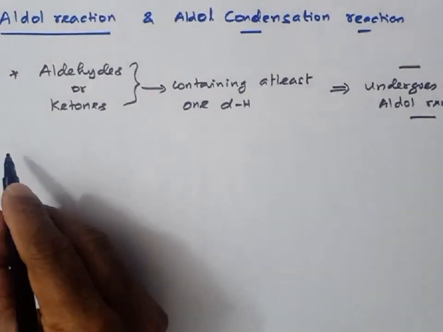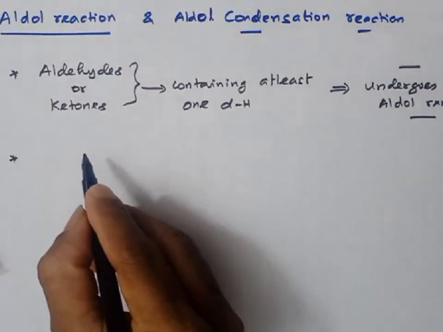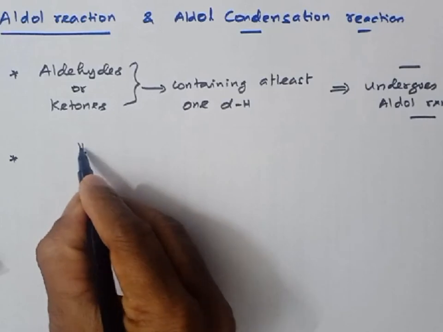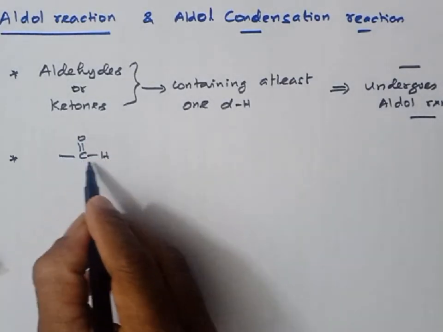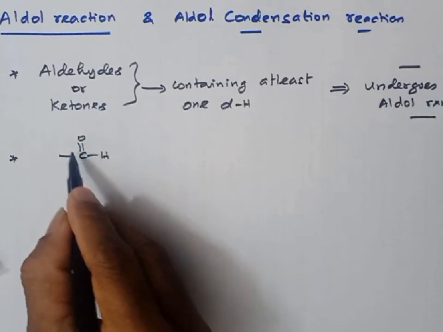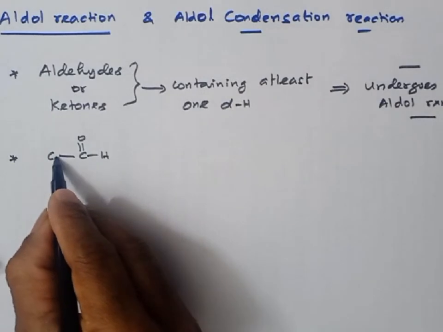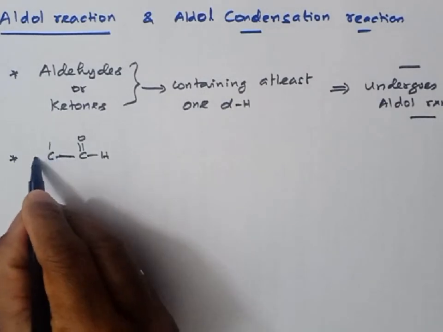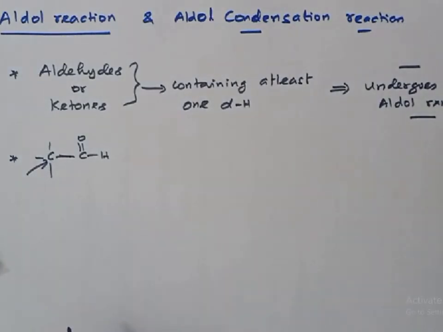What is meant by alpha hydrogen? You know very well, if you have an aldehyde, CHO, which is directly attached to a carbon in an organic compound, that carbon is what we call the alpha carbon.